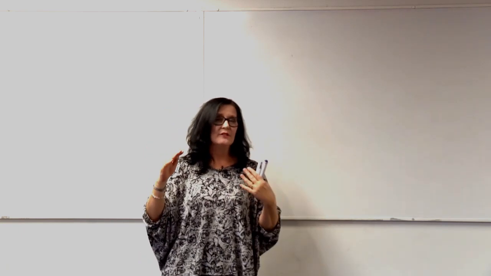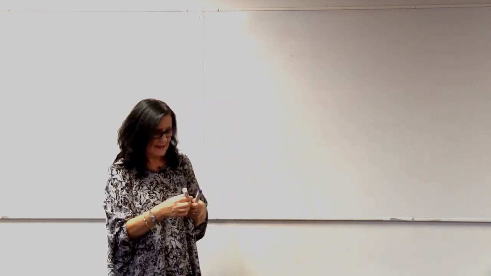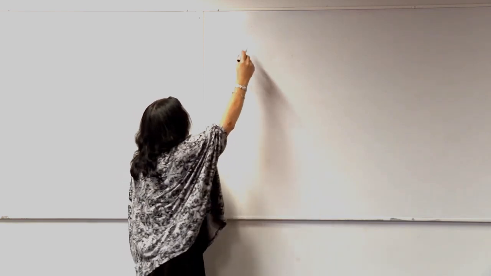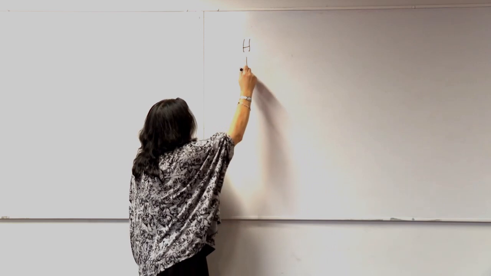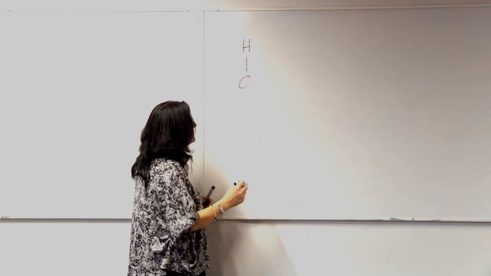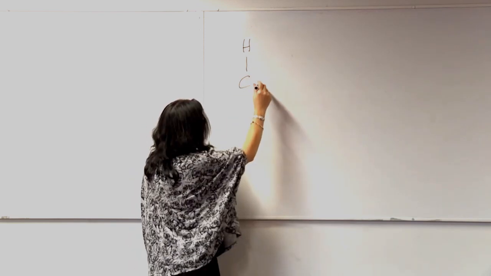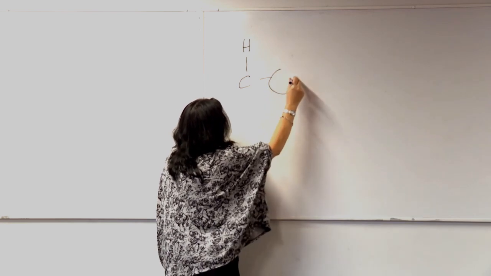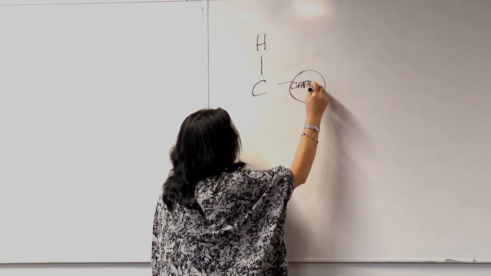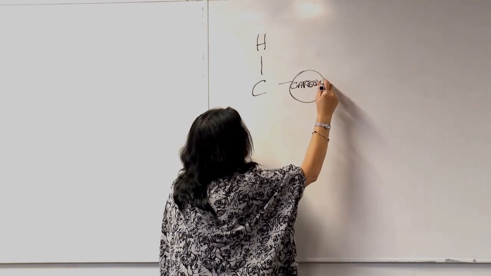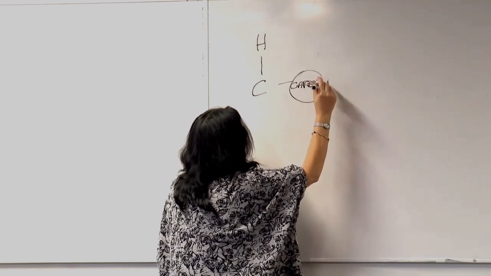But the basic unit is the amino acid. So we have a hydrogen atom, we have a carbon atom, we have on one side something called a carboxyl group.